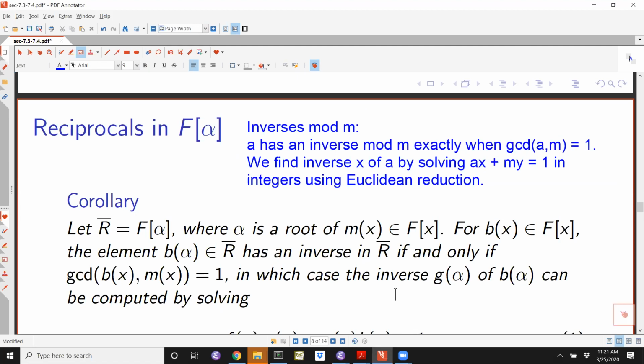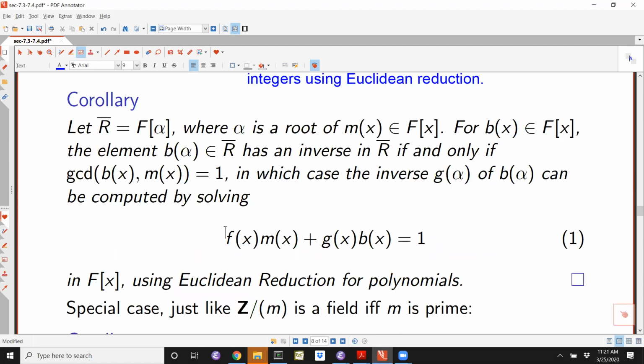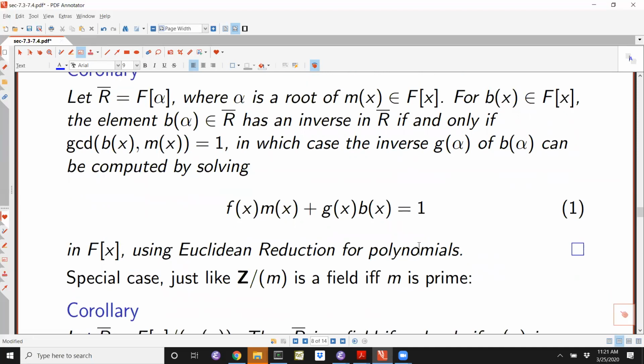So this equation number 1 here is the equivalent of ax plus my equals 1, except with polynomials. I have a b here instead of an a, but yes, it is the equivalent. In order to actually find an inverse, that's what we're going to have to do.